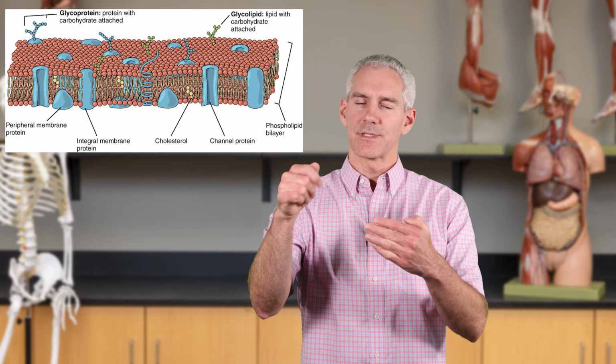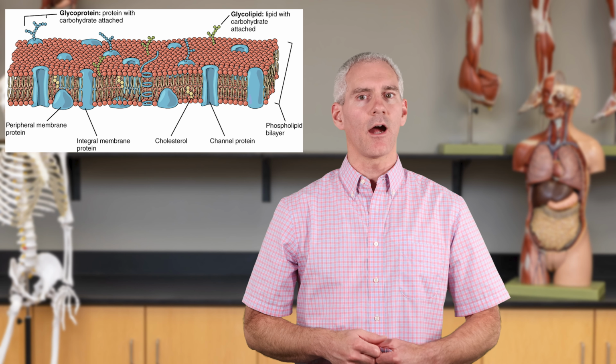While the head groups, the ones that are facing out, are hydrophilic. That means they're water loving. They have no problem touching the aqueous solutions inside and outside of a cell. So the inside of the cell and the outside of the cell is full of water, full of ions, full of all these different components that we have to regulate.